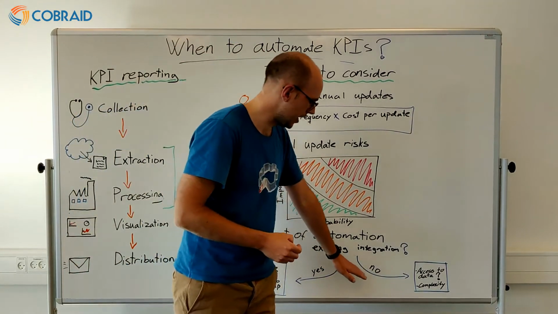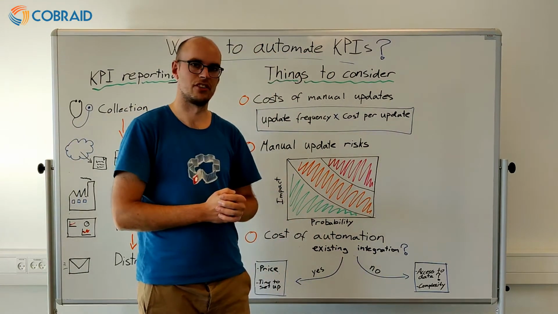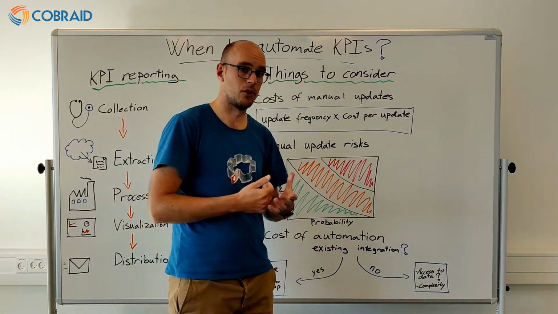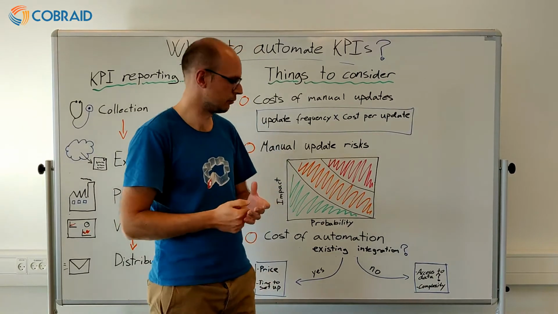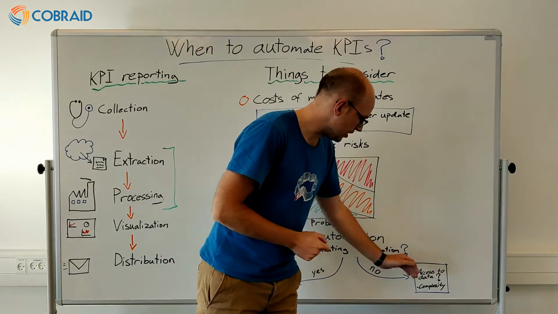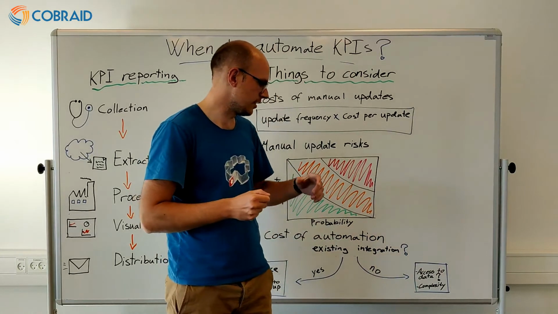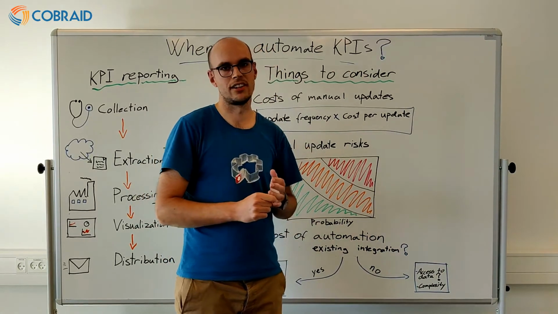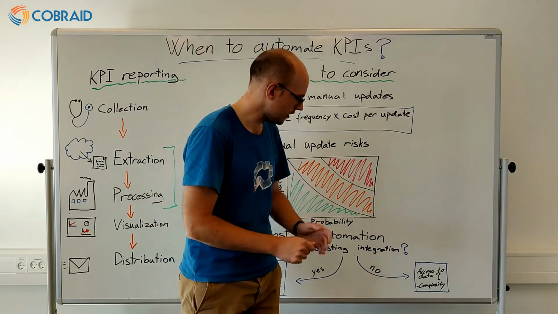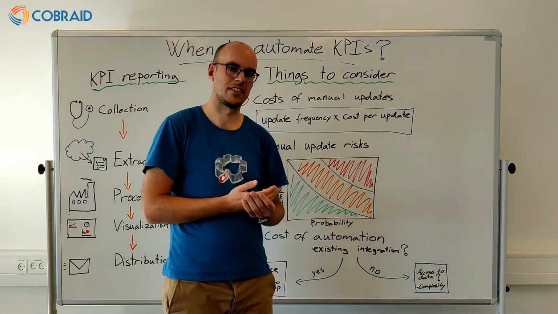Now, on the other hand, if there is no integration already, then we need to develop one, or we need to hire a consultant or a developer to develop one that we could use. And when doing that, we need to consider, is the data accessible, and how easy is it to access the data that we need. And after that comes the complexity.